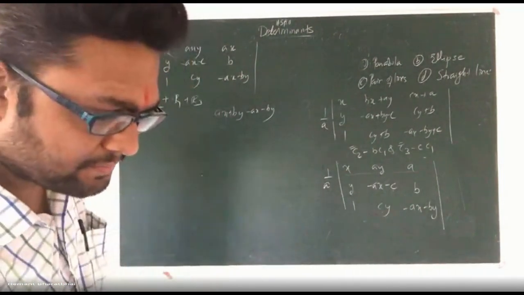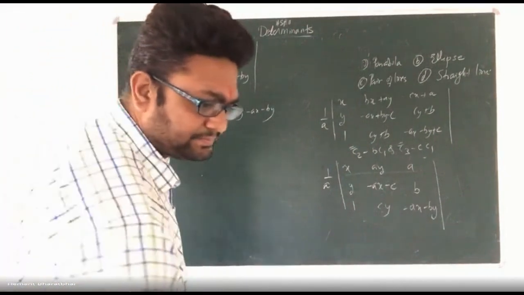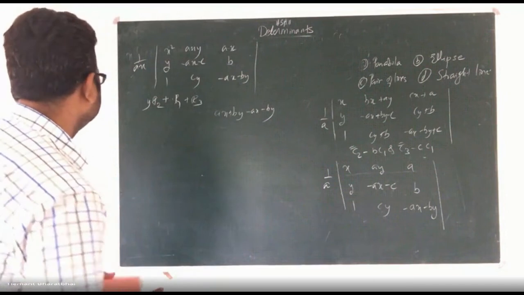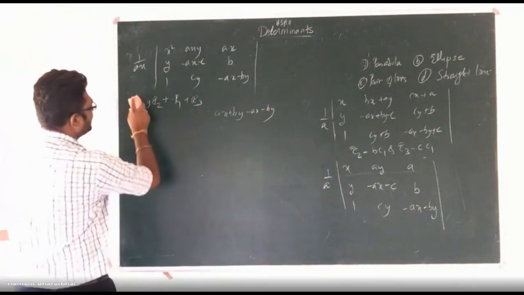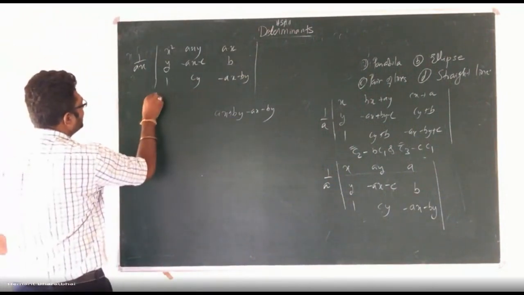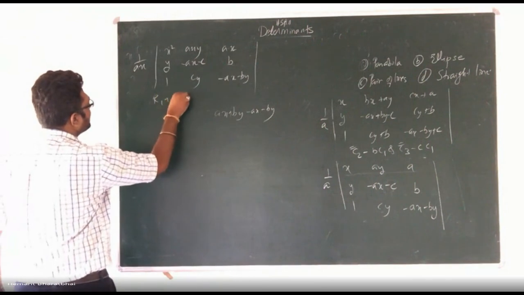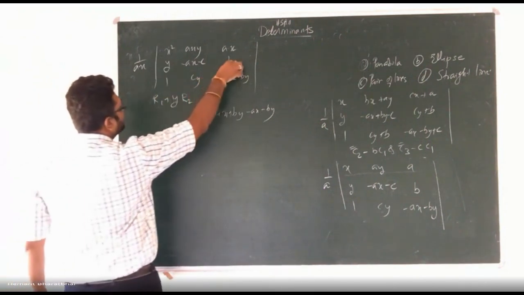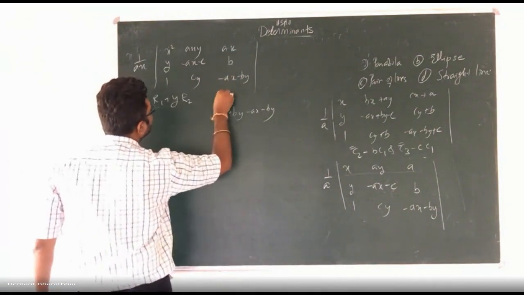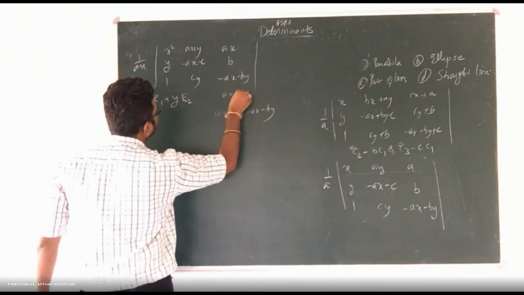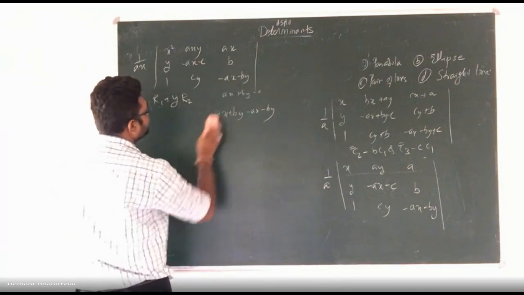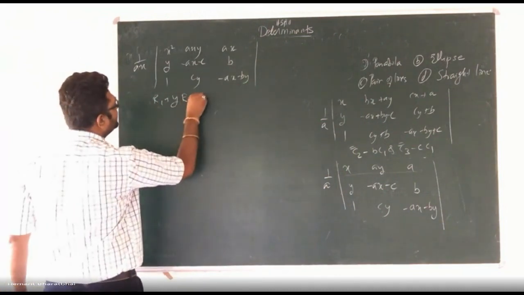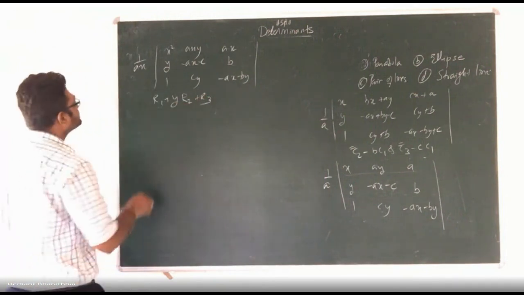Let us perform this operation. When I'm multiplying and then adding, it will become ax plus by minus ax minus by. Okay, so I'm going to do R1 plus y R2 plus R3.